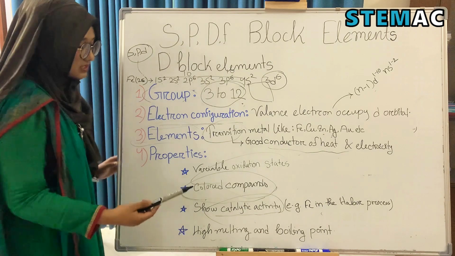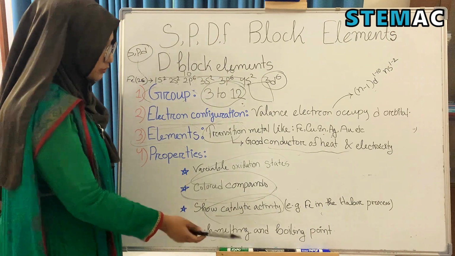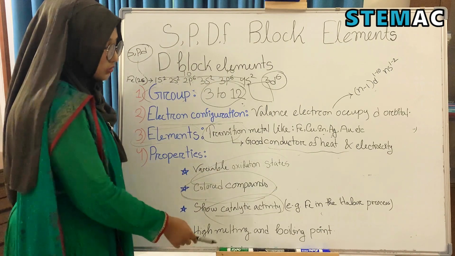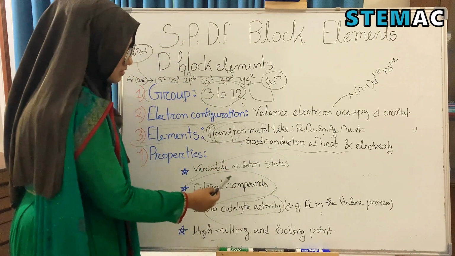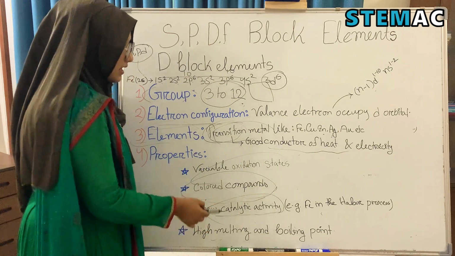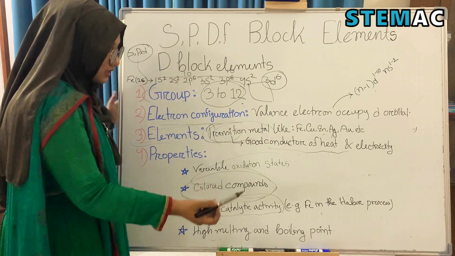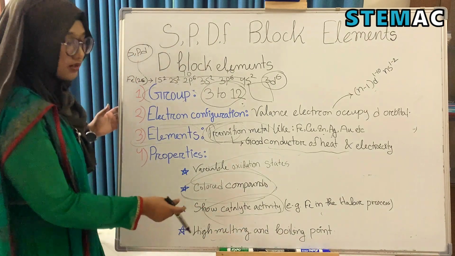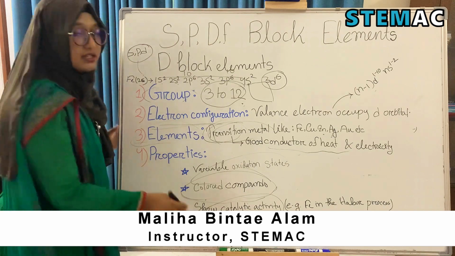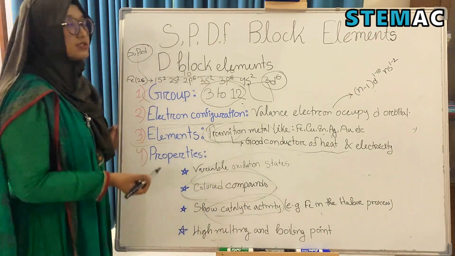They have high melting and boiling points. That's why they are called transition metals: they show variable oxidation states, form colored compounds, and have high melting and boiling points. So this is for d block elements.